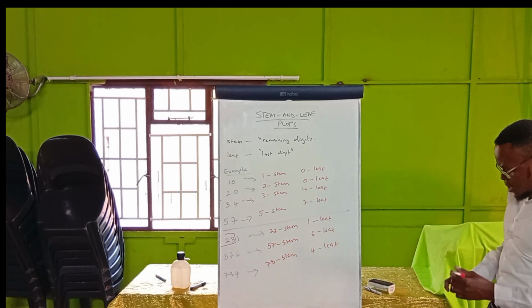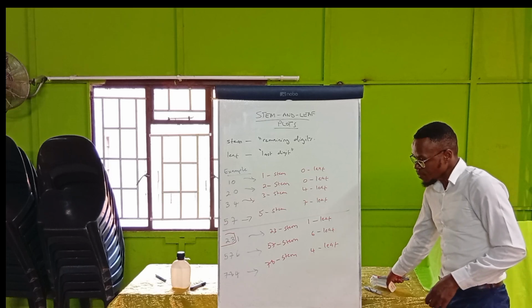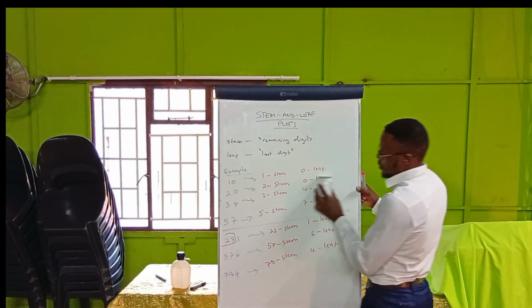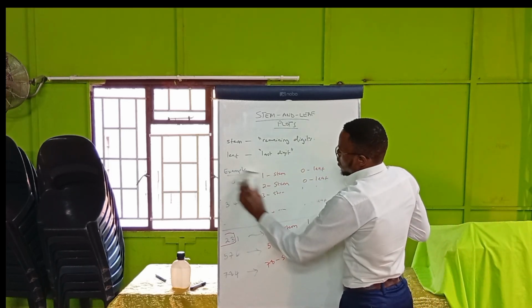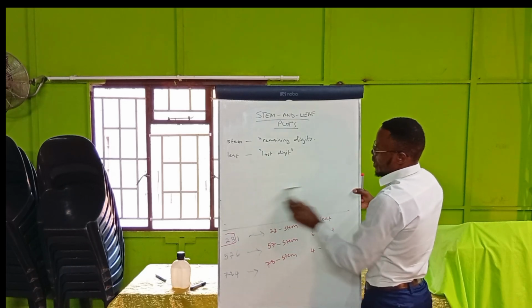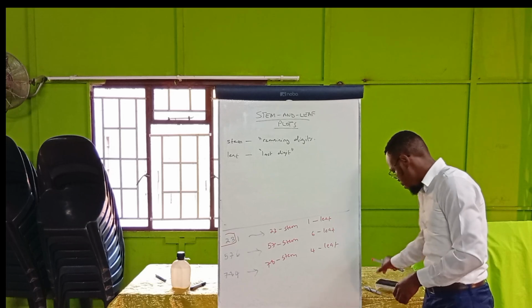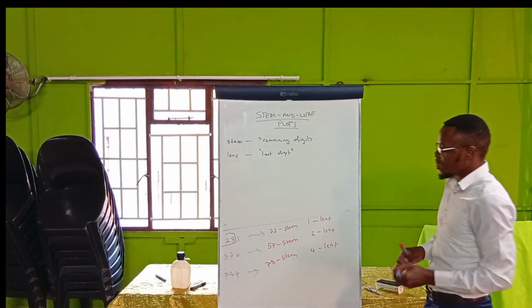Now, the last set which I want to demonstrate, maybe let me erase the top part. When you have numbers that have decimals, how do we represent this? I will have a selection of numbers.